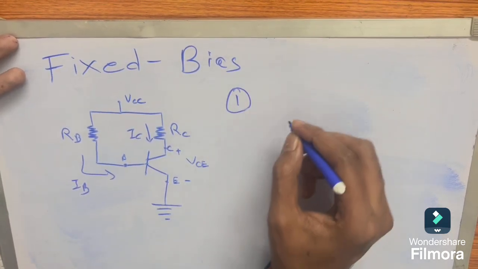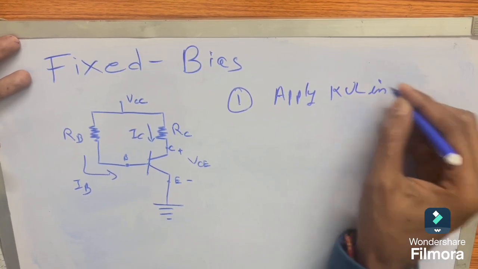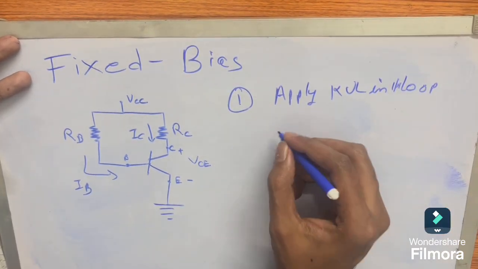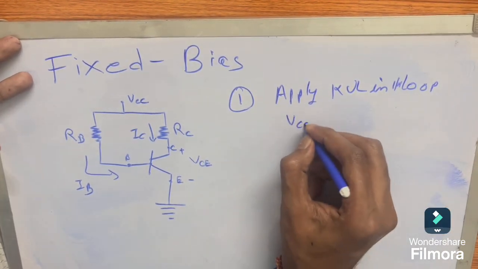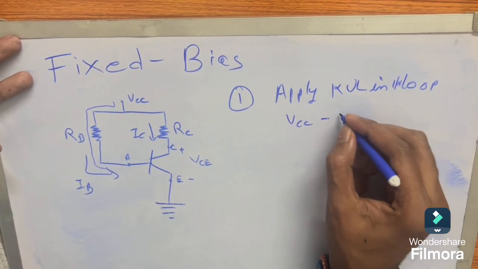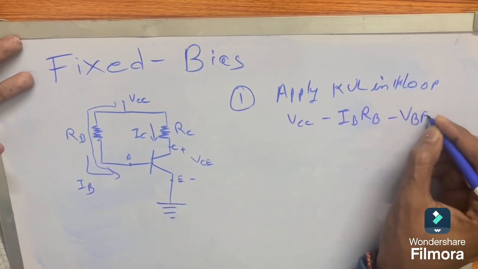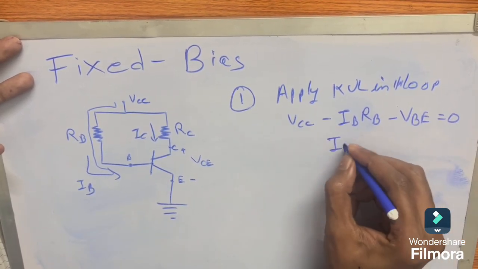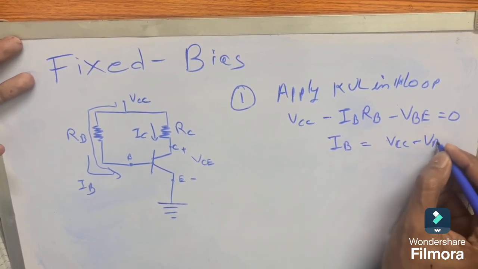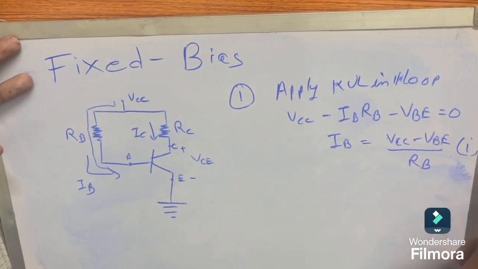So step 1, applying KVL in the input loop, which will give VCC minus IB RB minus VBE equal to 0, and IB equals VCC minus VBE by RB. This is equation number 1.